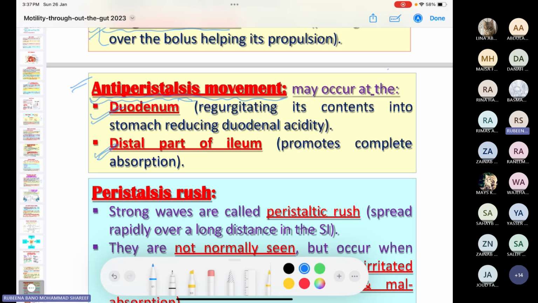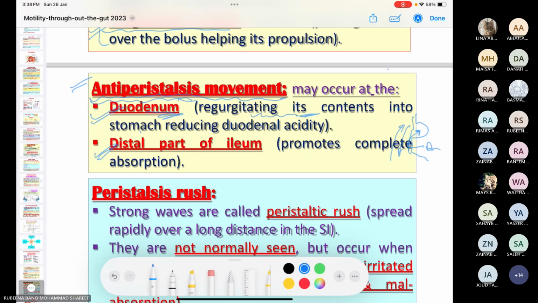Because of this movement, there is regurgitation of intestinal content, which is present in the duodenum, into the stomach. See, this is the stomach, and this part is the duodenum. So normally the food should go like this, but here it is going like this.